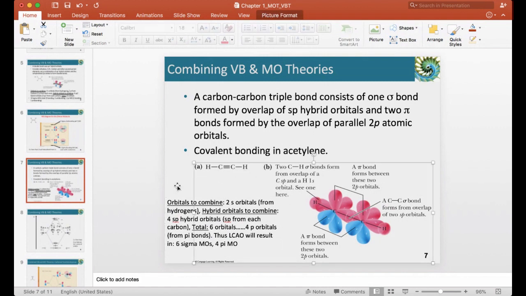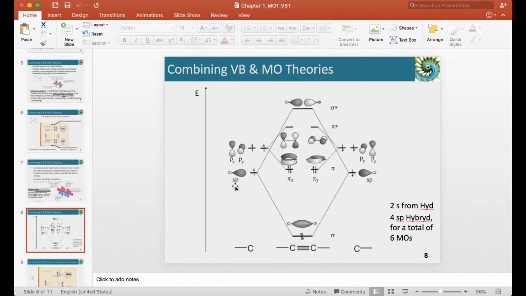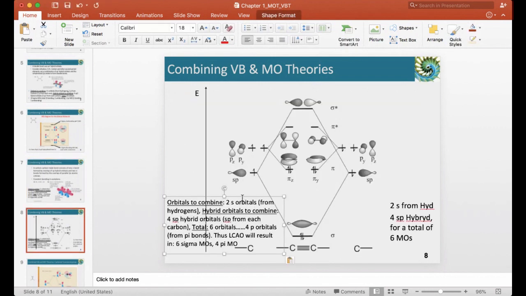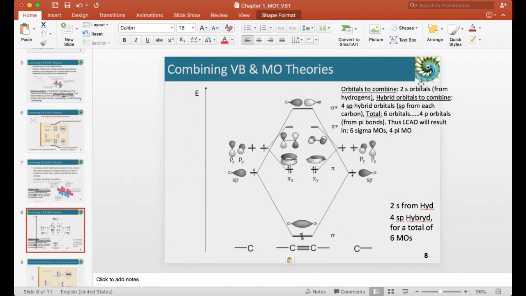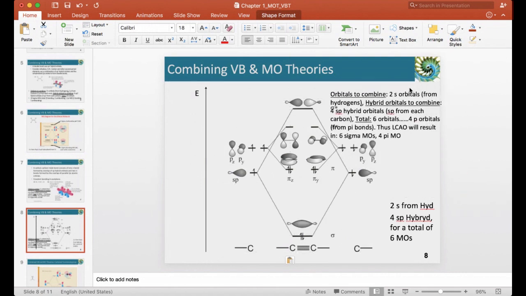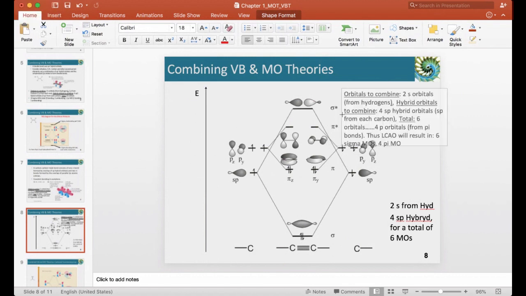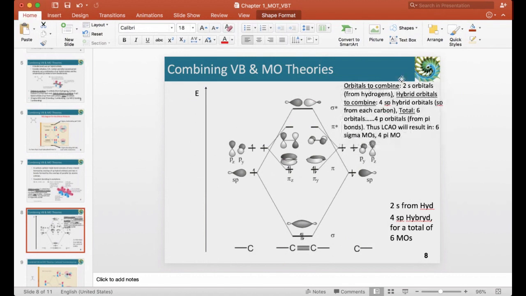Let me show you now how this looks in a real graph. So this could be the diagram for the molecule. Okay.